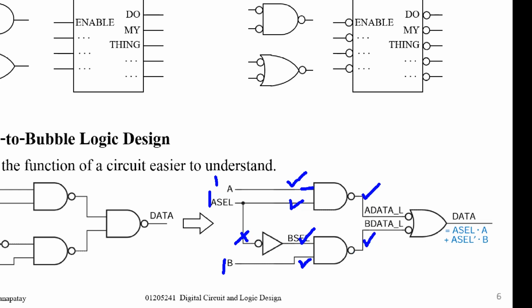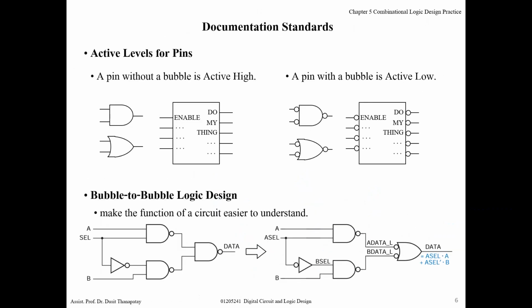This one is also active, and when this one is active, the output is also active, and because the output is active, the value is then 1. Finish. It's more comfortable if you use this bubble to bubble logic design.